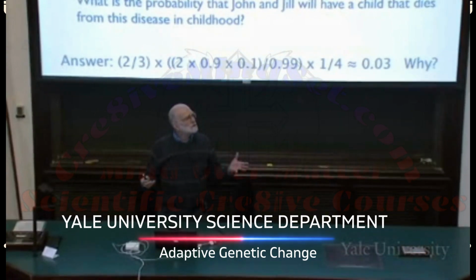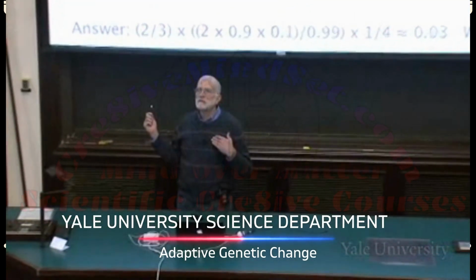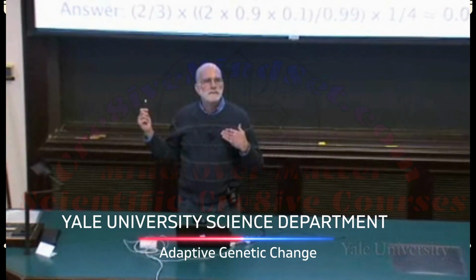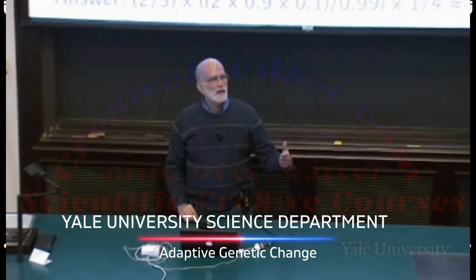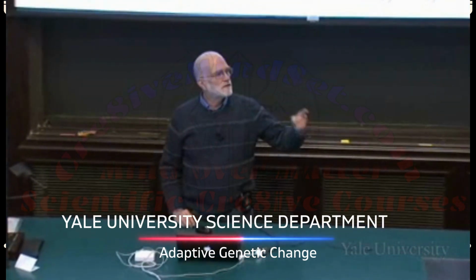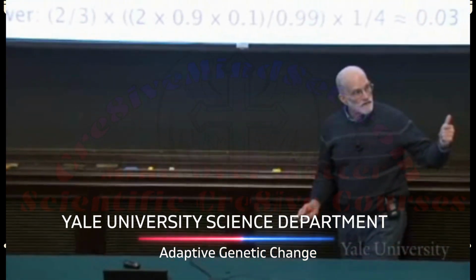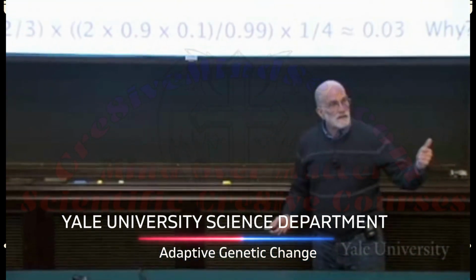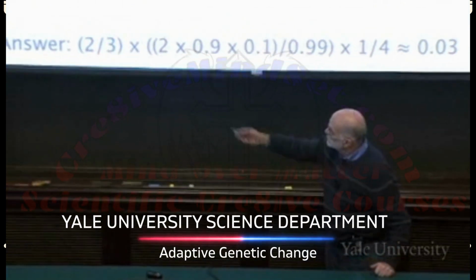Do you see how much goes into dissecting an equation like that? But because we've set up the logical apparatus, we can go through a sequence of steps and say, okay, first we know they both have to be heterozygous. Then, if they are both heterozygous, the probability that John is 2/3.